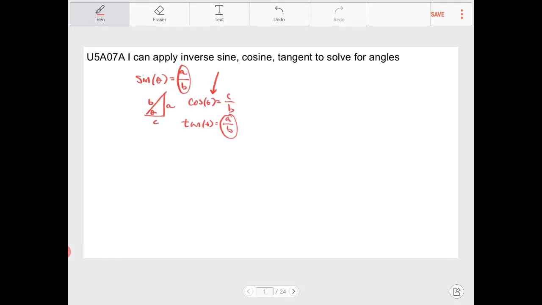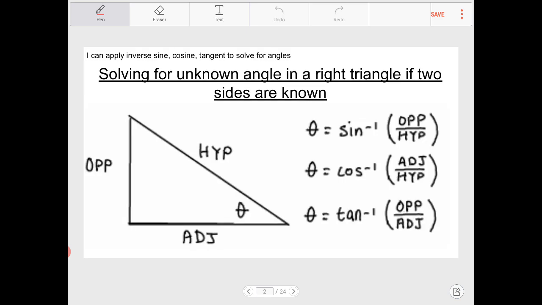We call these the inverse sine, inverse cosine, and inverse tangent functions, which are given by this notation. Let's be careful with the notation. I have this -1, which is not the same thing as a negative exponent. What this is saying is we are undoing the sine function.